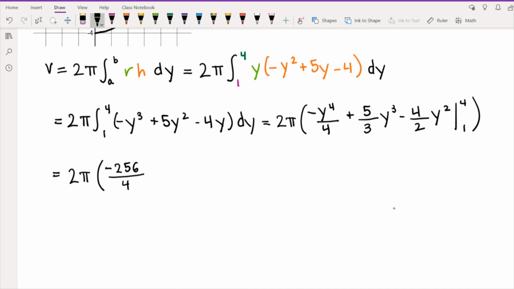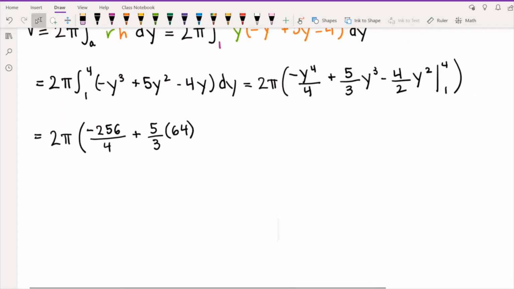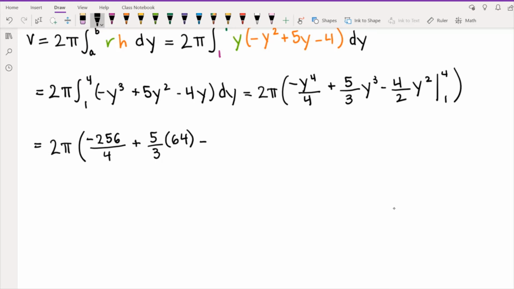And then the next part we have 5/3 times 4 cubed, which is 64. And then 4 halves is equal to 2, so we have minus 2 times y squared, which is 16. And then from that, we're going to subtract negative 1/4 plus 5/3 minus 2.